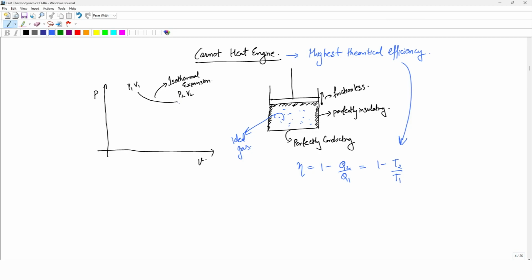Then we are having P3 V3, that is adiabatic expansion. Then we are having isothermal compression.